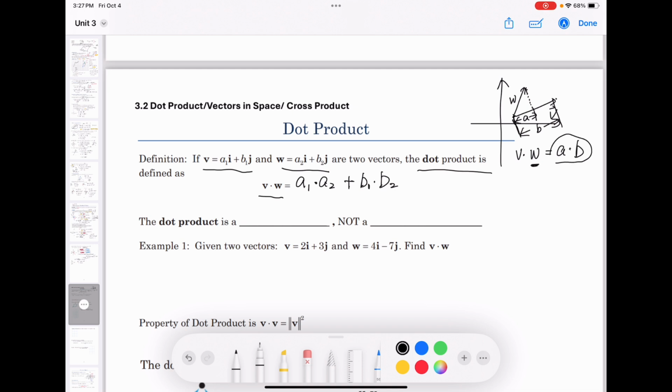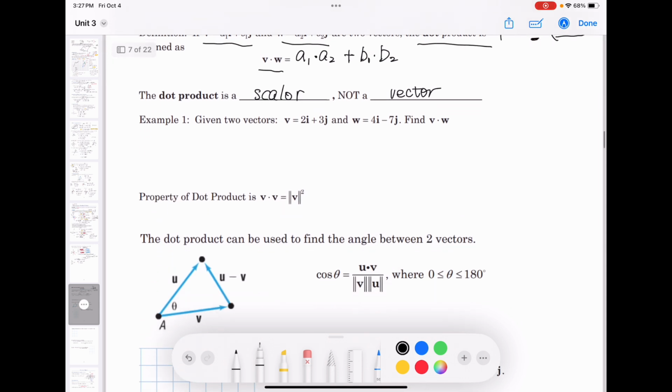A times b is number times number, which is also a number. So the dot product is a scalar and not a vector. A scalar is a number.